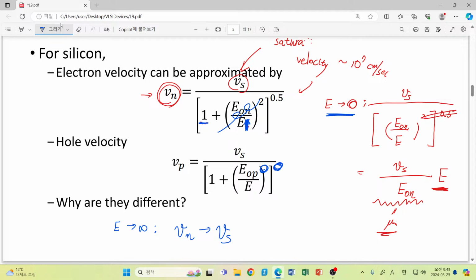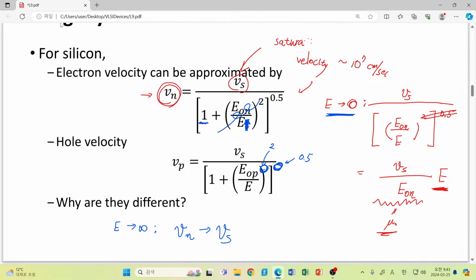For example, previously we had for electrons number 2 and number 0.5. So 2 and 0.5, when they are multiplied with each other, give unity. However, now we have just number 1 and number 1.